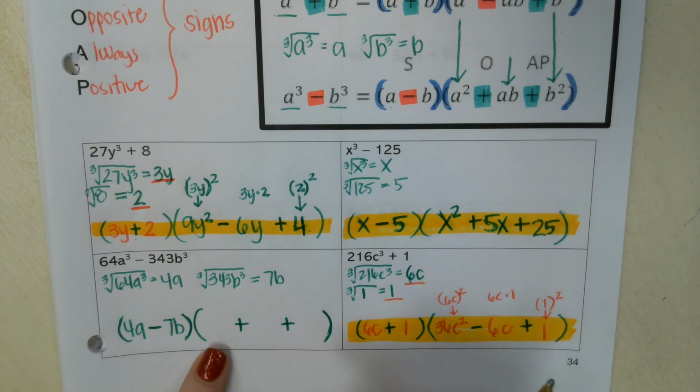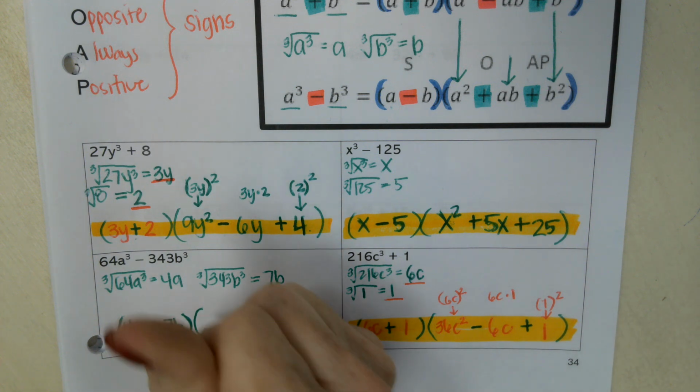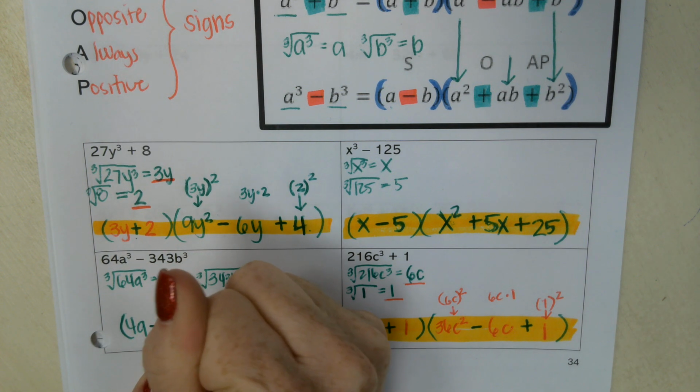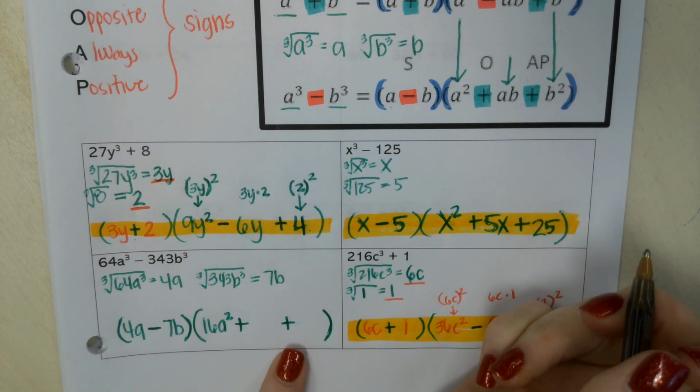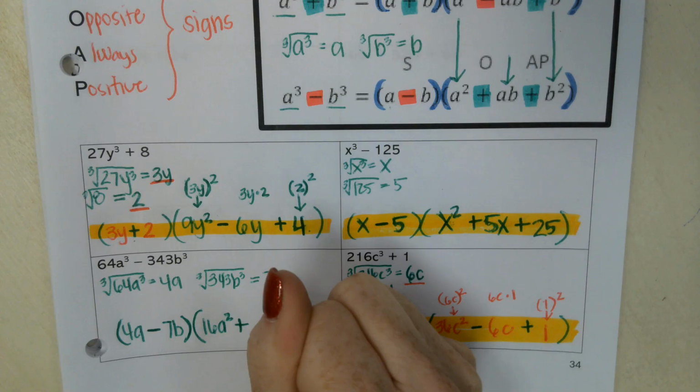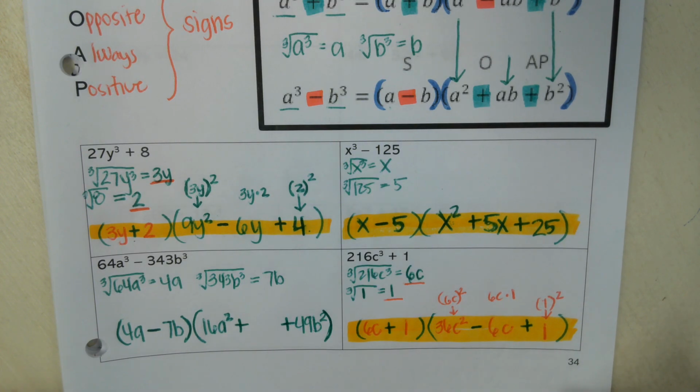Now 4a, what's going to happen to the 4a right here? It gets squared. You have to square the 4 and the a. So 4 squared is 16, so this is 16a squared. And then what will I have in the back? 49b squared.